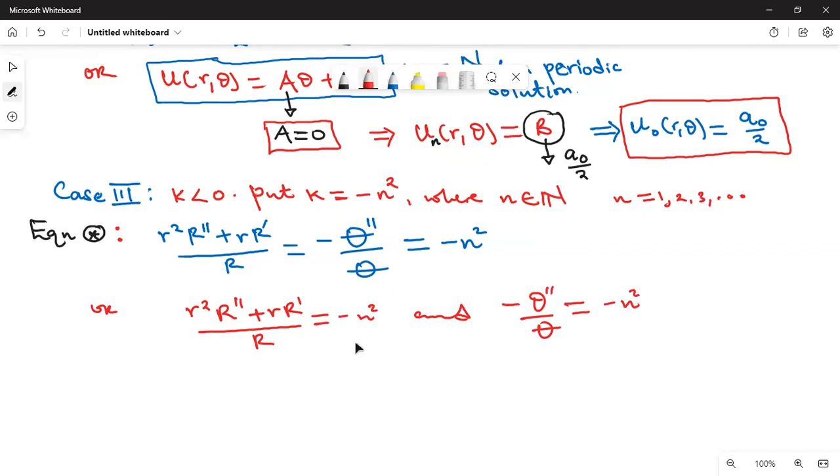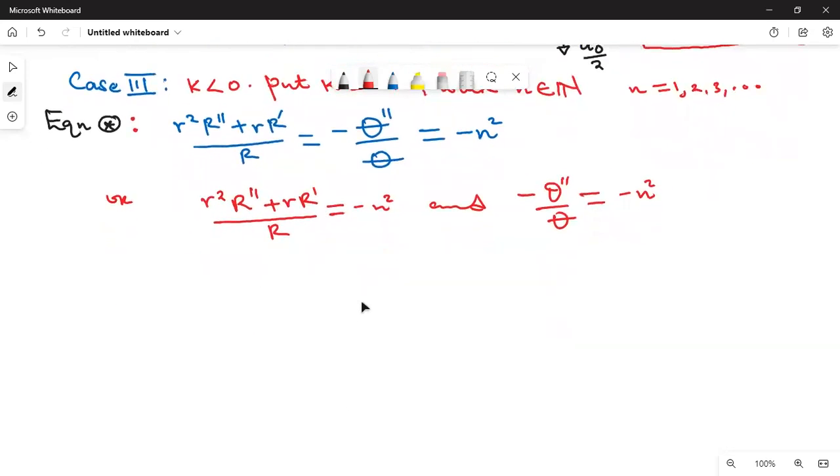One of them is equation 1, another one is equation 2. We call equation 1 the first ODE, the other one is the second ODE. So these two equations are a set of ODEs.